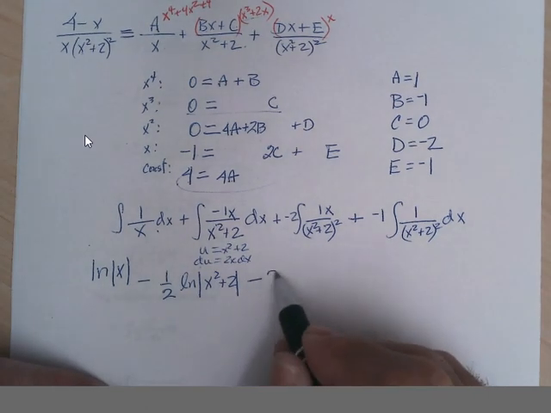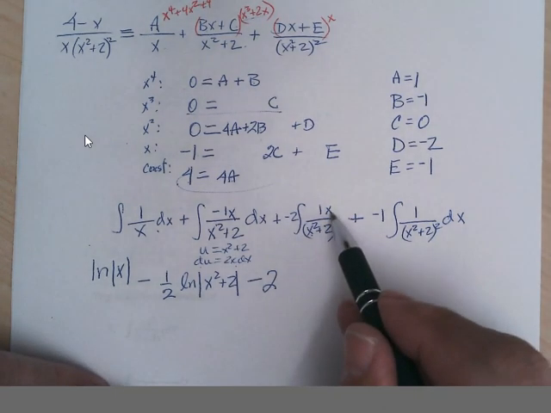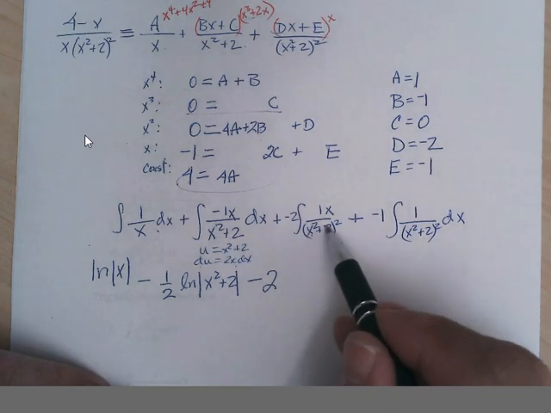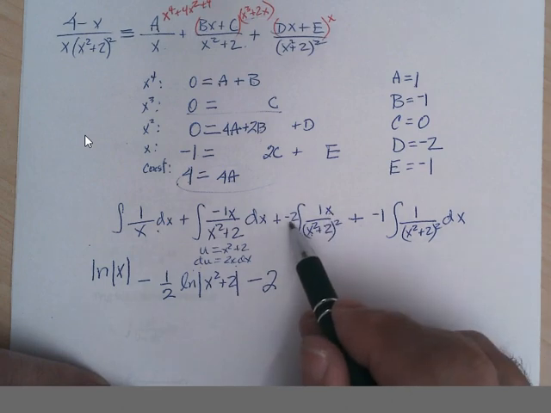Minus 2, and I'm going to do the same u substitution. So this would be u squared, and I get a 2x that'll cancel the 2 and the 2 out.